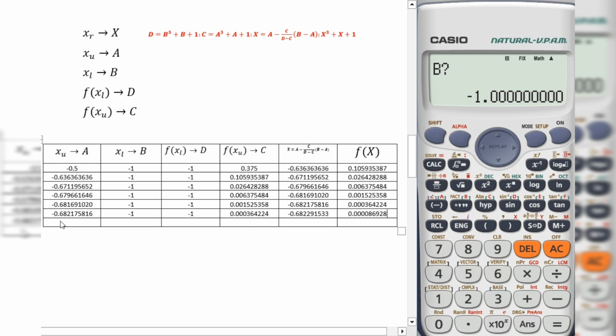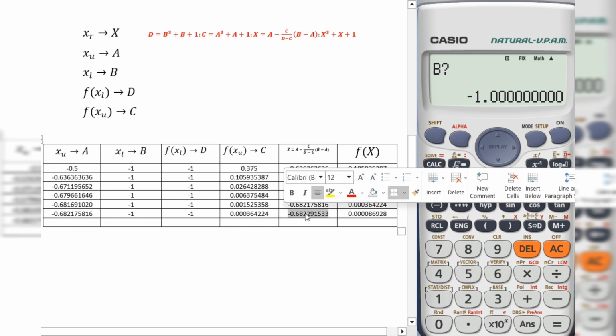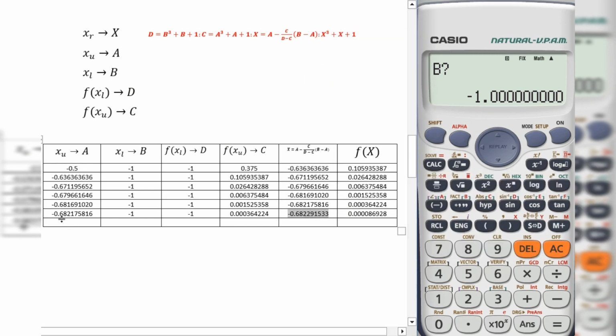Again our root is between this value and minus 1.